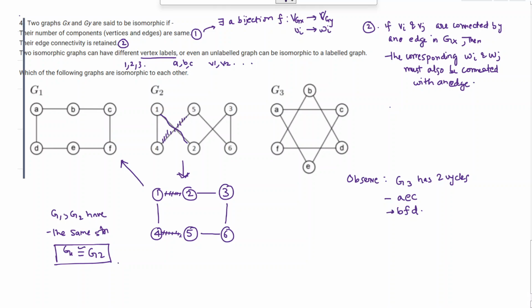Both of them are cycles. Whereas G1 and G2 have no cycle, right? That means G3 cannot be isomorphic to G1, or G3 cannot be isomorphic to G2. This is how we observe that two graphs cannot be isomorphic, right?